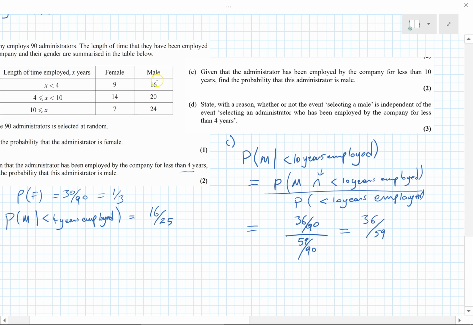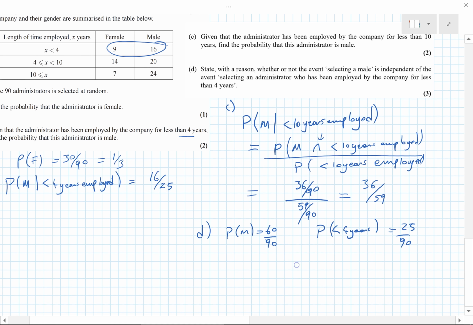Well, the probability they're female is 30 out of 90, so the probability that they're male is 60 out of 90. The probability that they're less than 4 years employed is equal to 25 out of 90.